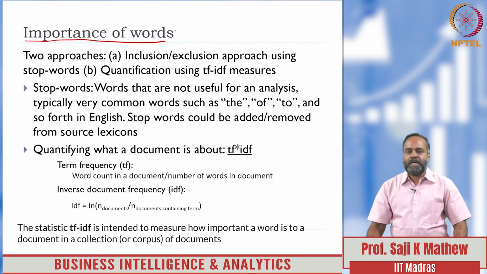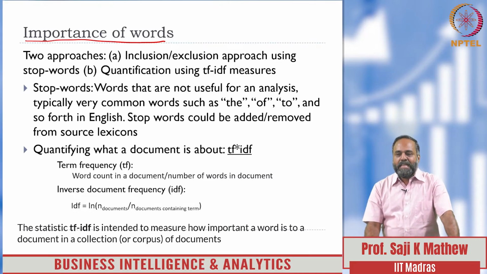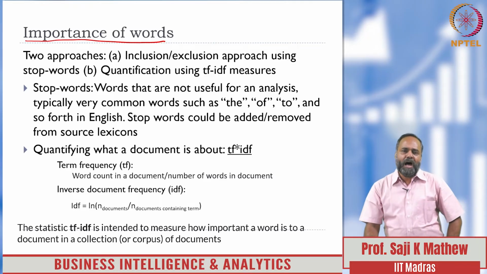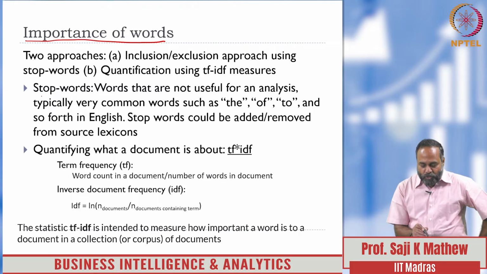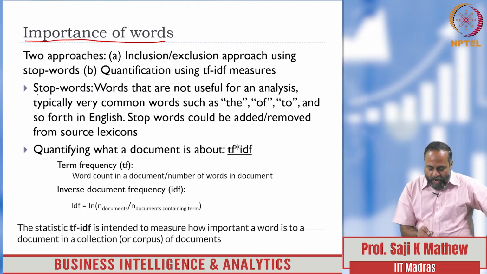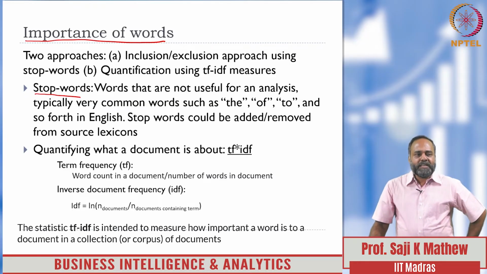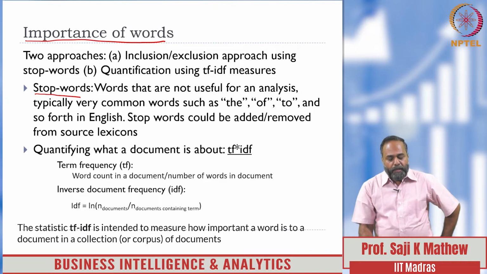Now, one of the important aspects of descriptive analysis of the text is to understand the importance of words, to understand what are some of the important words that are being talked about, or what are the unimportant words. So, some words are not important. In the unimportant aspect there are something called stop words. Stop words in lexical analysis or bag of words analysis, I am using these synonymously.